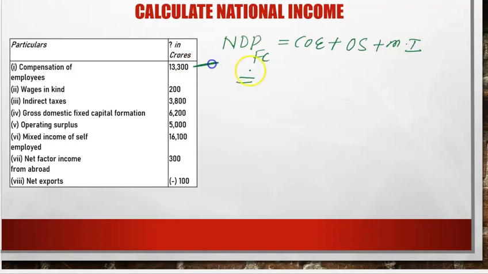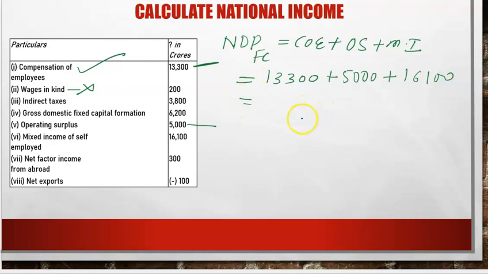Let us search for COE, that is 13,300. अब इधर आपको कंफ्यूज करने के लिए wages in kind दिया हुआ है. जब COE दिया हुआ है, the main part is given, then सब parts को add नहीं करना separately. Coming to operating surplus, that is I think 5,000, and then last we have mixed income, that comes to 16,100.